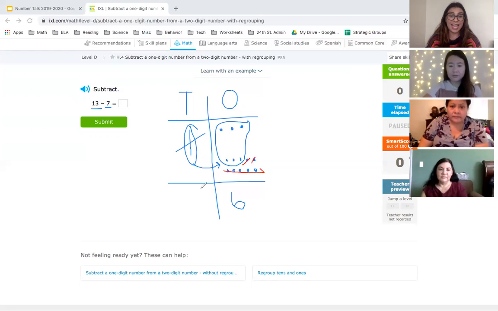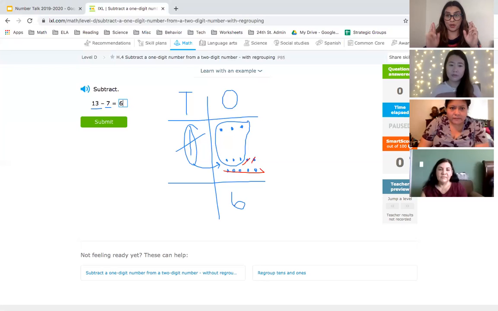So I actually have 0 tens. And I'm not going to write 0 because when we see the number 6, we know that 6 is not written 0, 6. It's just 6 by itself. So I don't have to write anything here. I'm just going to leave the 6, and then I'm going to plug it into my equation. So 13 minus 7 equals 6.